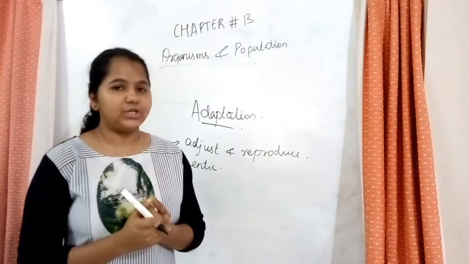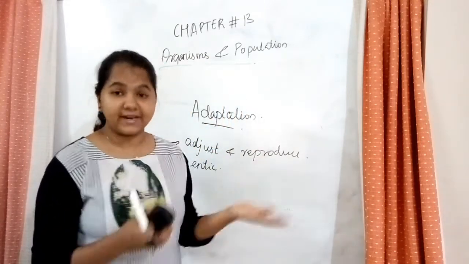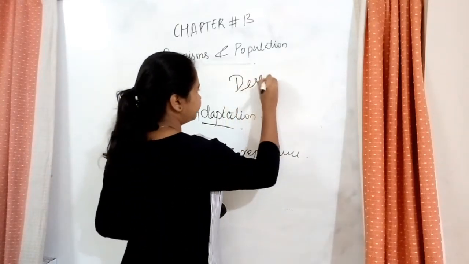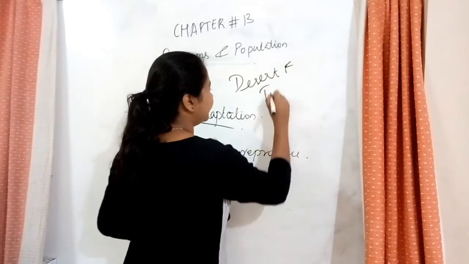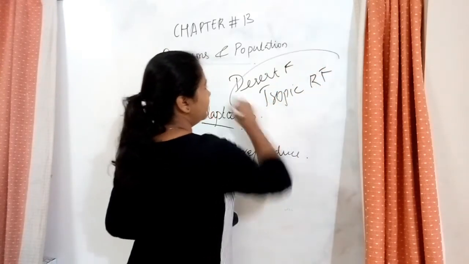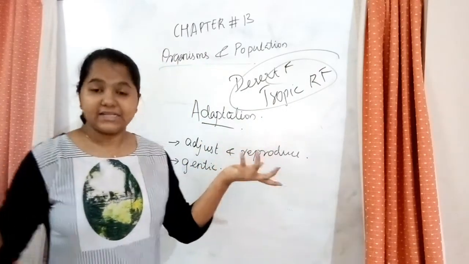For example, consider the difference between plants in deserts and tropical rainforests. These two have different physiological and behavioral patterns.